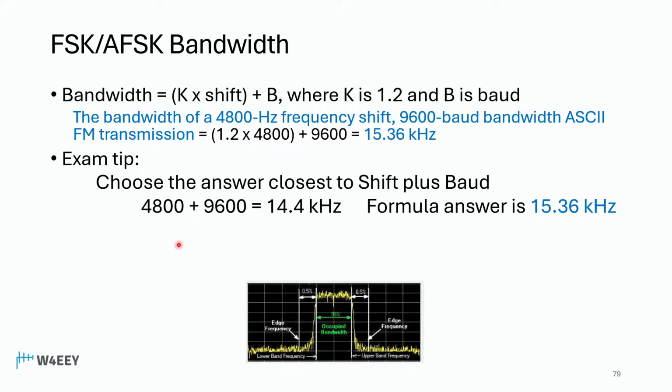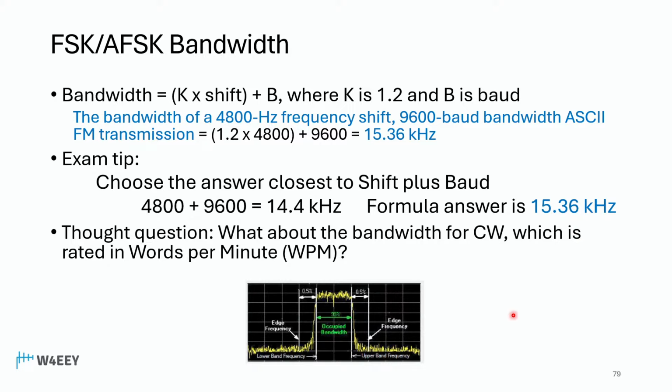If you just add shift plus baud, you're going to come out with something pretty close. So just add the numbers and see which answer is closest to the correct one. This shortcut will give you 14.4 kilohertz. The formula answer is 15.36, and this one is the only one that's even close to that. You're welcome.